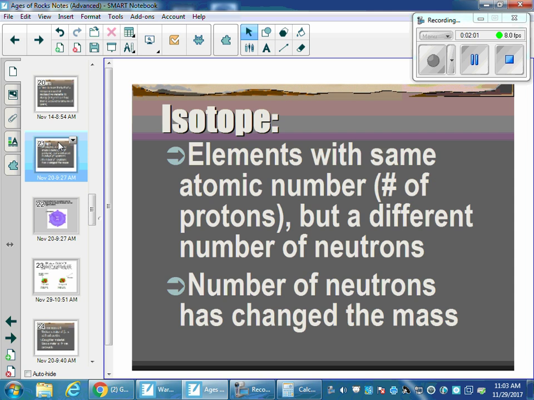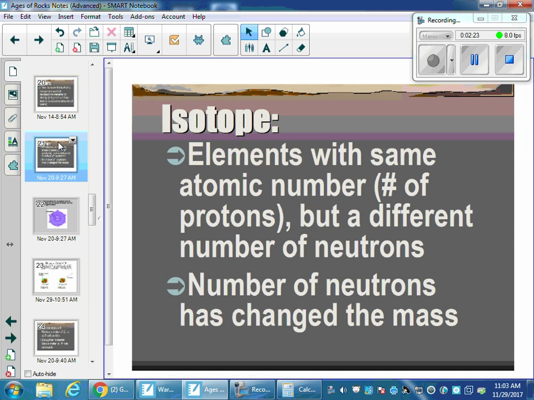We also need to understand what an isotope is in order to understand this process. So isotopes are elements with the same atomic number or the same number of protons. That is the number at the top of the periodic table. So carbon, for example, if you look at it, is number 6. It has 6 protons. That's its atomic number.